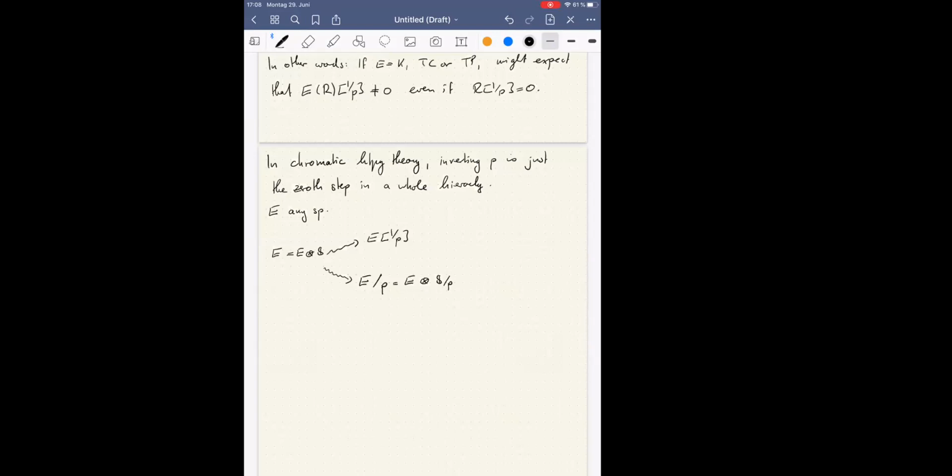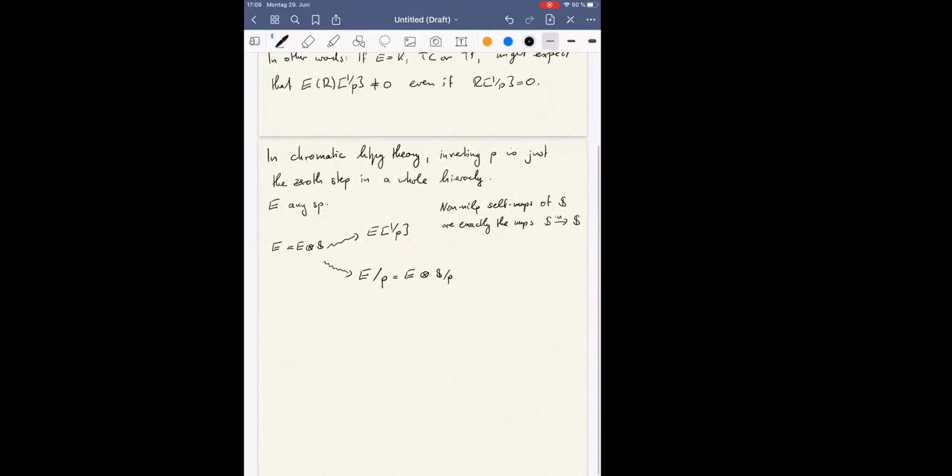The non-nilpotent self-maps of the sphere are exactly the maps multiplication by n for n non-zero. So in some sense, we might invert another integer than just P, but essentially the only thing we can do is inverting P or inverting a product of primes, if we want to do it for all spectra at once.